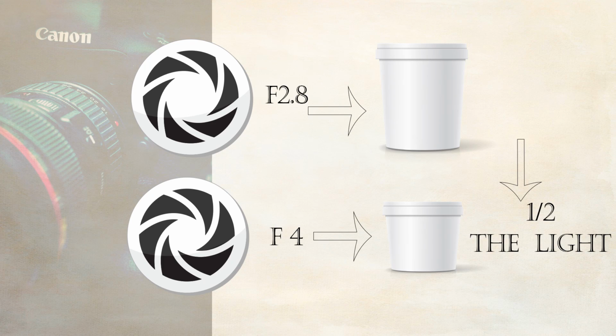So I want you to grasp what I'm saying. Say you have a lens with a maximum aperture opening of 4, opened to 4, and another camera with a lens that has a maximum opening of 2.8, opened to 2.8. The amount of light getting to the sensor, with everything else being the same, on the one with 2.8 is going to be double the amount on the 4.